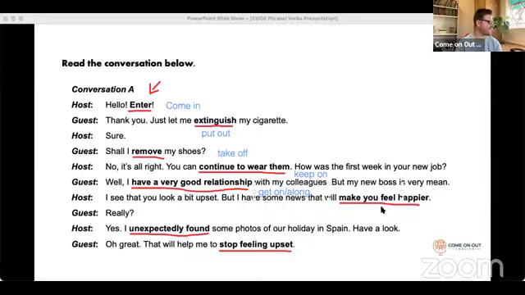All right. Now, the next one, make you feel happier. This one is also quite popular. What do you think is a phrasal verb we can use that means make you feel happier? I'm going to give you a little clue here. Have you ever watched a movie where they were playing football or baseball or basketball?